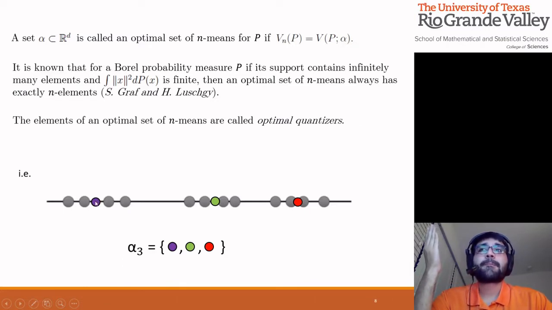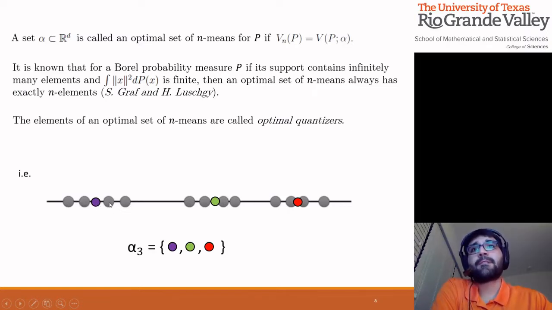It's the k-means, whereas the distance between the gray circles is minimum to this. So this is like the best possible circle that is in the center, so to speak, of this group of points, similar to this one right here. The green circle is in the center of this, so the distance between each gray circle to the green circle is minimum, and the red one as well. Okay, now this is the case where R is in one dimension.